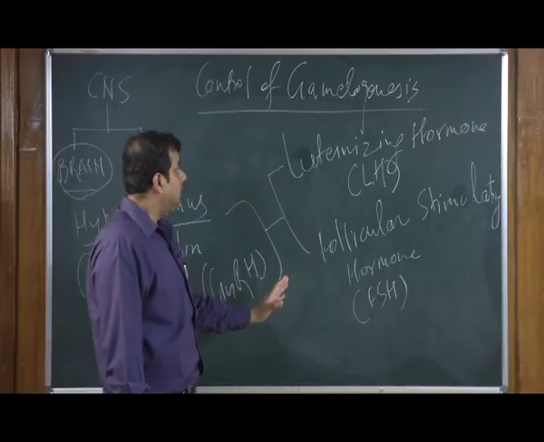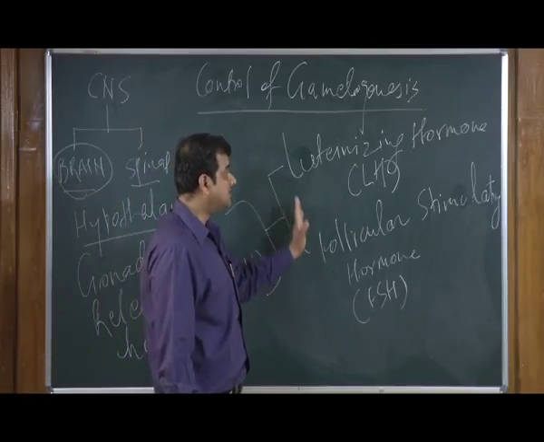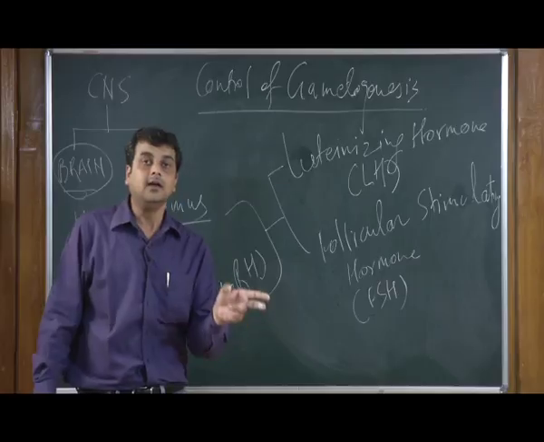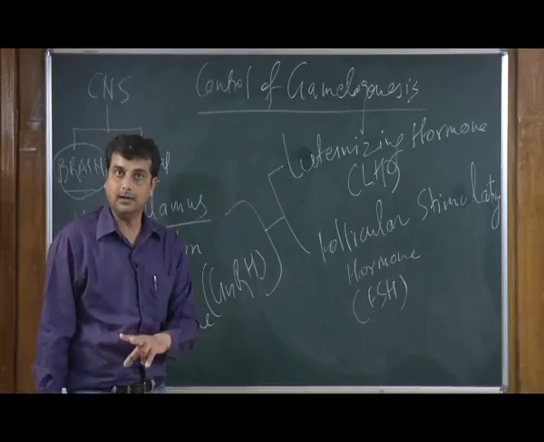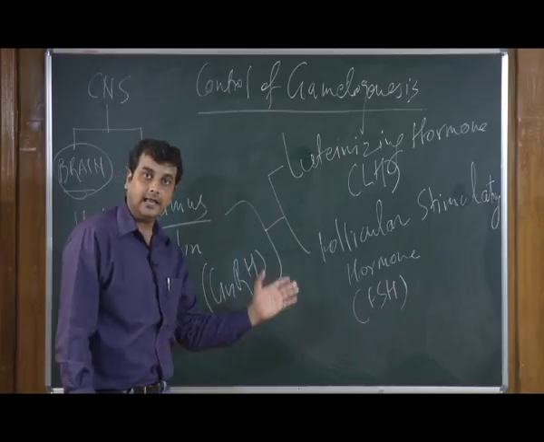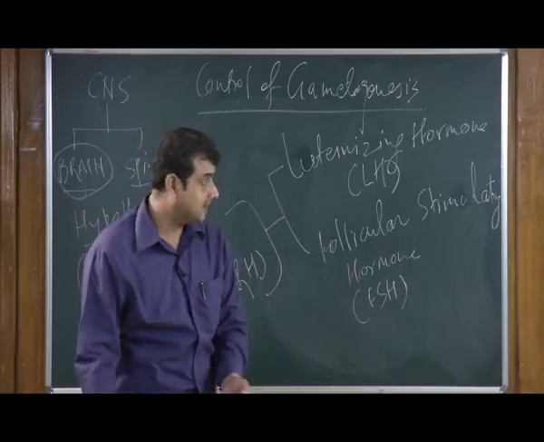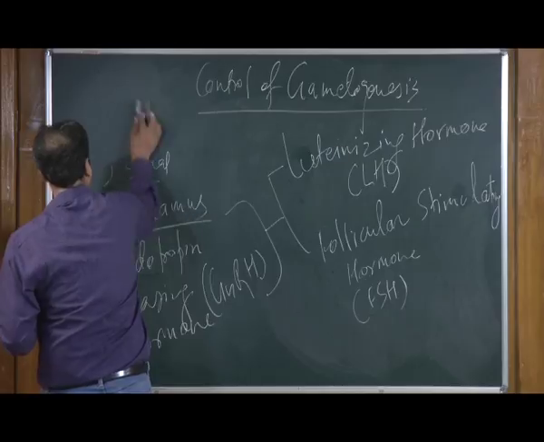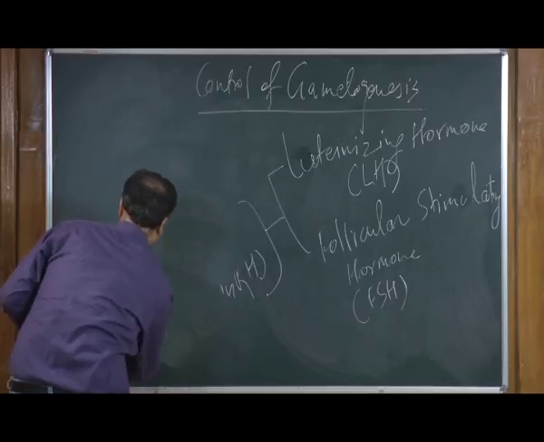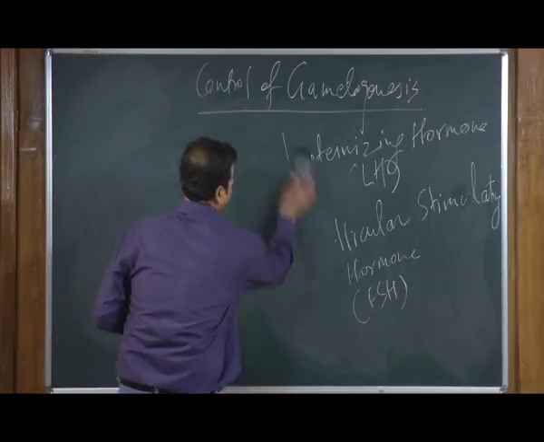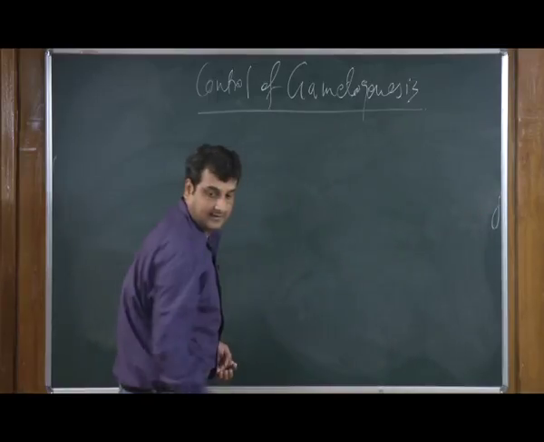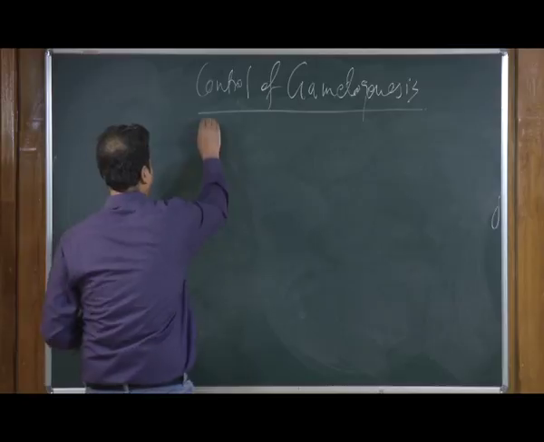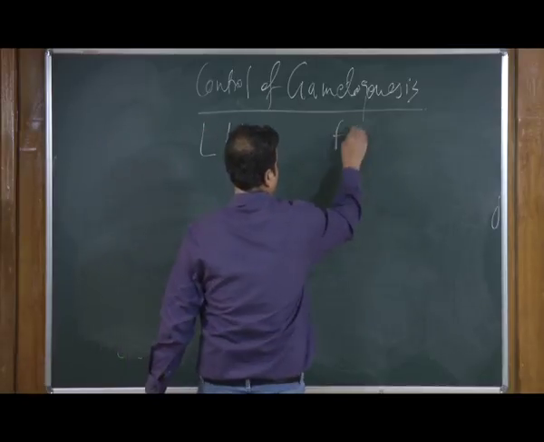FSH. Now, these luteinizing and follicle stimulating hormones have entirely different mechanisms in male as well as in female. We will see the male first and then the female part. So, we will delete this part and focus on the two hormones coming out from the pituitary, LH and FSH.